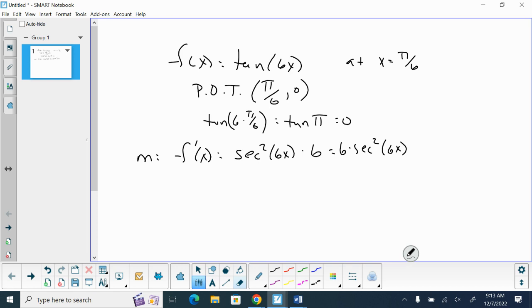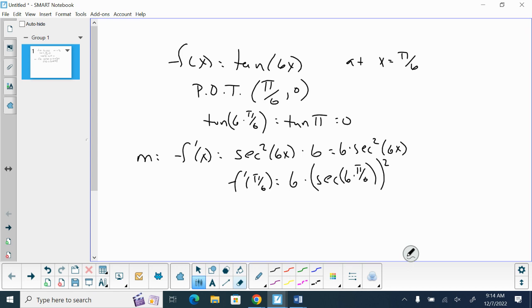So if we look at 6x and trying to find the secant of this, we have to find our derivative at pi over 6, which is 6 times, and I'm just writing it in a different form so it's a little bit easier for us to understand.